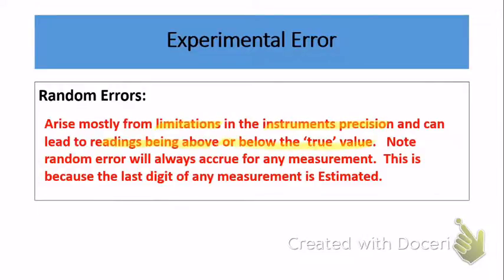That's just because, again, we always estimate the last digit of any measurement. Your estimation of that last digit might be a little bit above or a little bit below the actual true value, due to the limitation in your instrument.